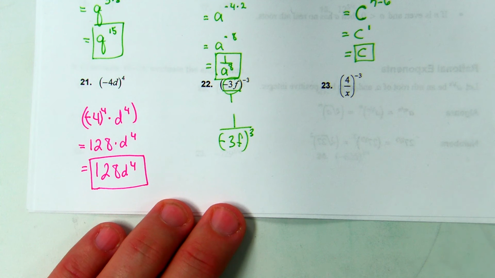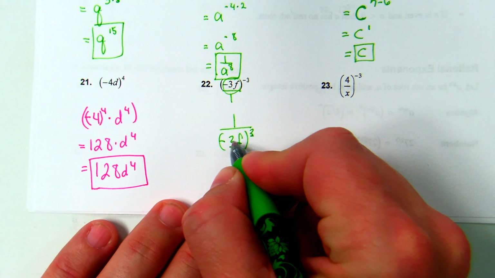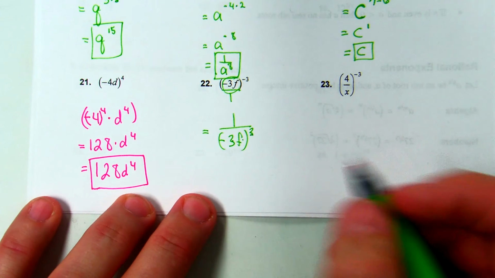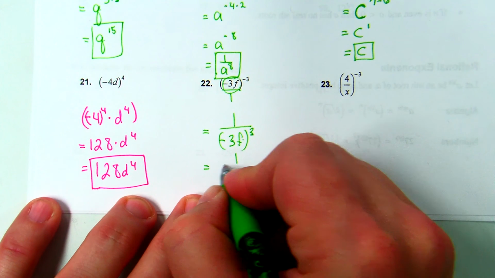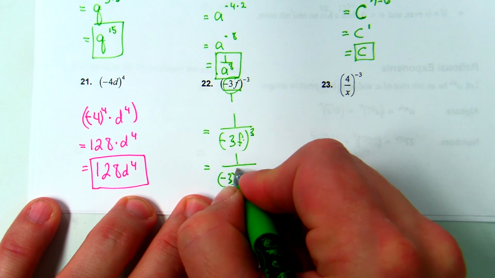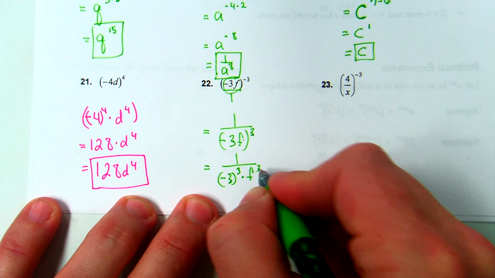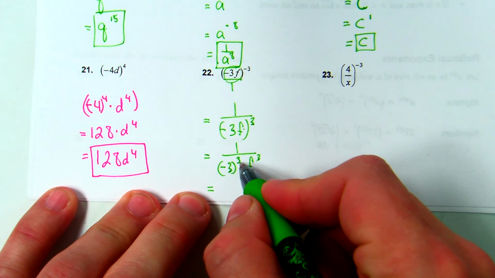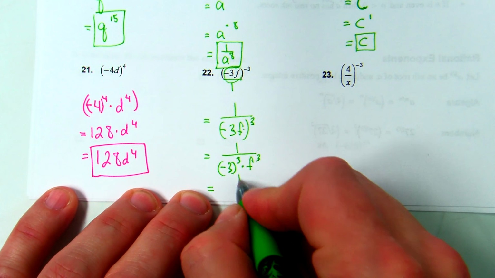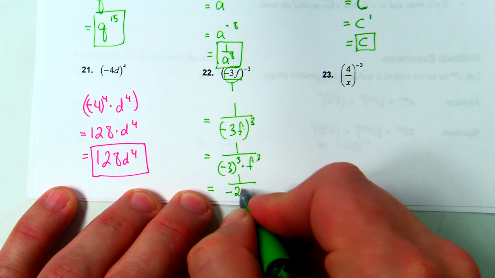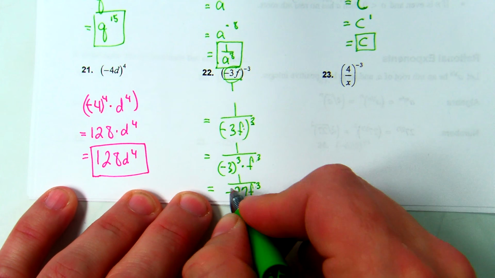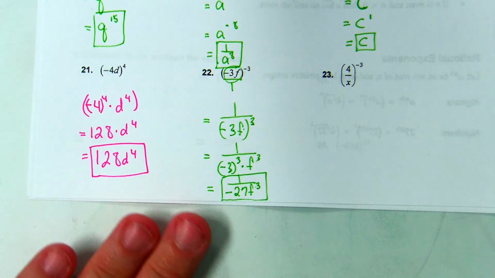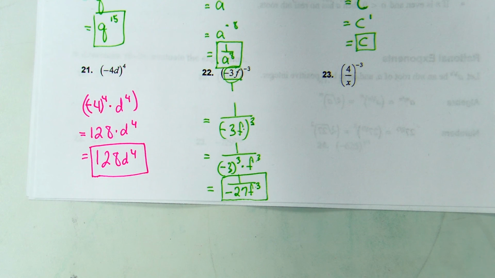Now we can apply this 3 to each term on the inside, and we could separate it out as a product here. So we're going to have 1 over negative 3 to the third times f to the third. And if we do that, negative 3 to the third power is going to be 1 over negative 27f to the third power.